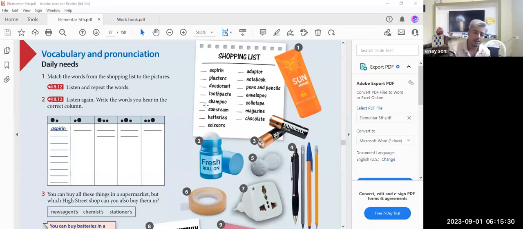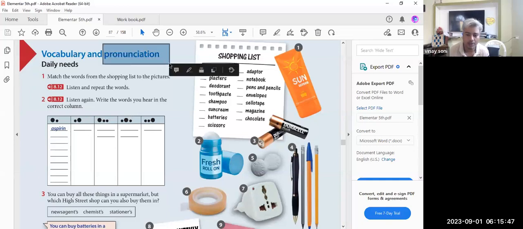So the sounds and the letters are different. Today our focus will be on sounds, not on letters, because it says vocabulary and pronunciation. When we focus on pronunciation, we focus on sounds.